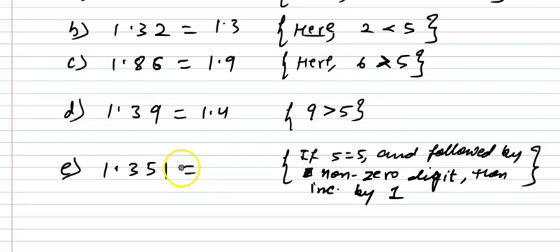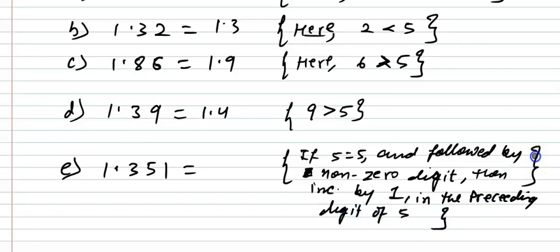The preceding digit of 5 is increased by 1, so here I can write 1.4.